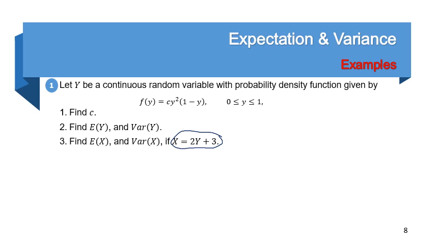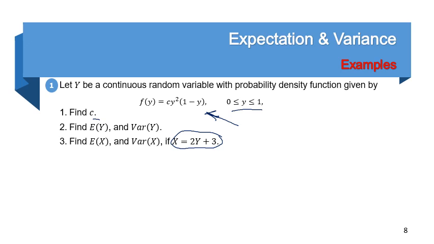He gave us a density function here, which is c y squared multiplied by 1 minus y, and your y goes from 0 to 1. So this is your range of integration, whenever you need the integration. And we need the value of c here as a first requirement.